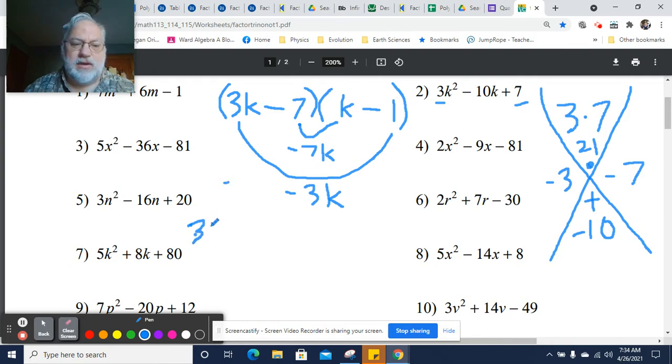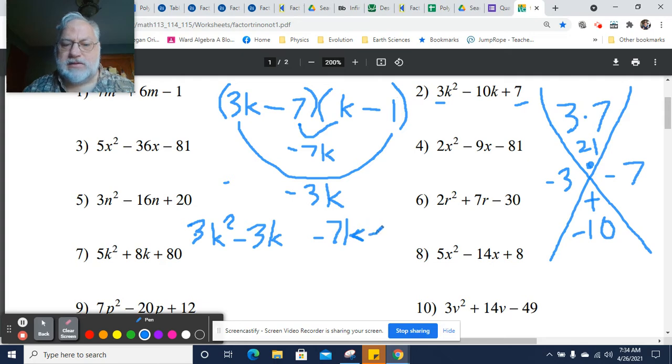Okay, so 3k squared. And we're going to break the negative 10k into negative 3k and negative 7k. So minus 3k, and then minus 7k, and then plus 7.